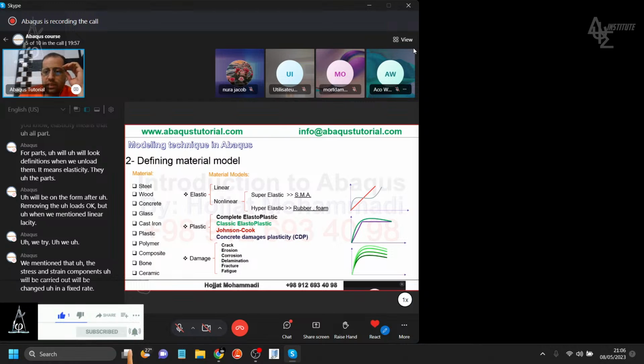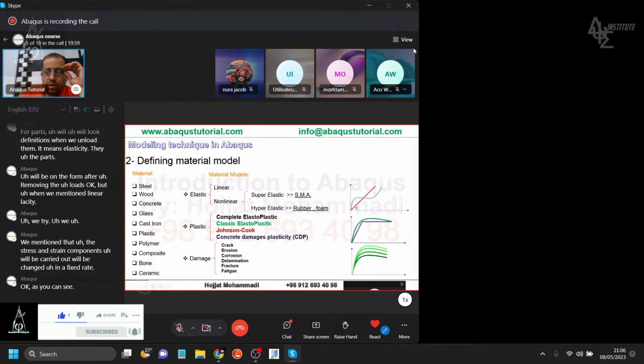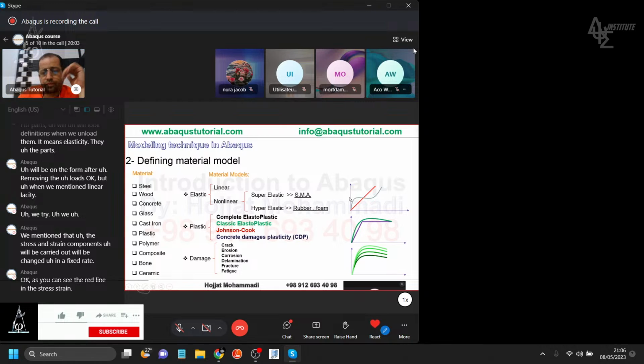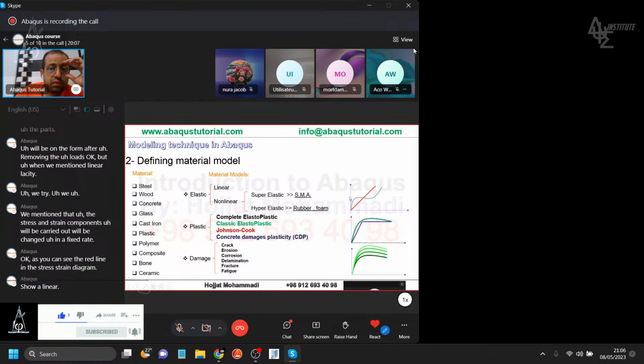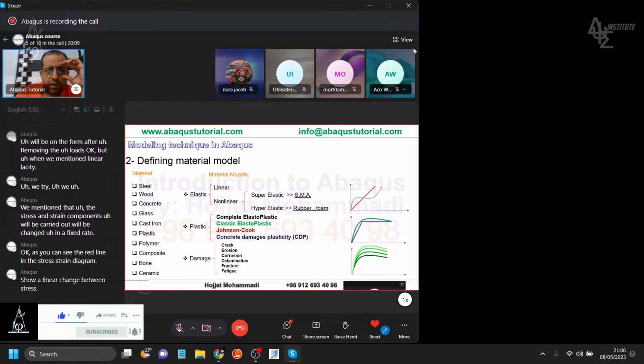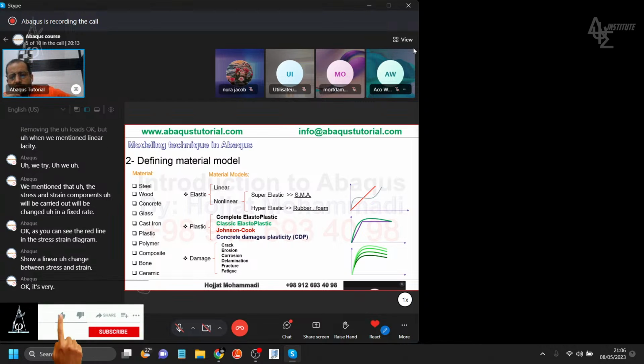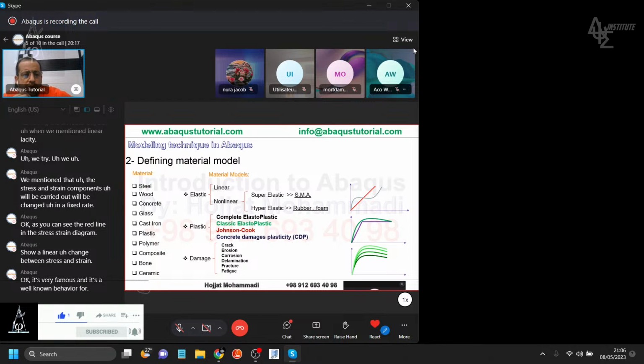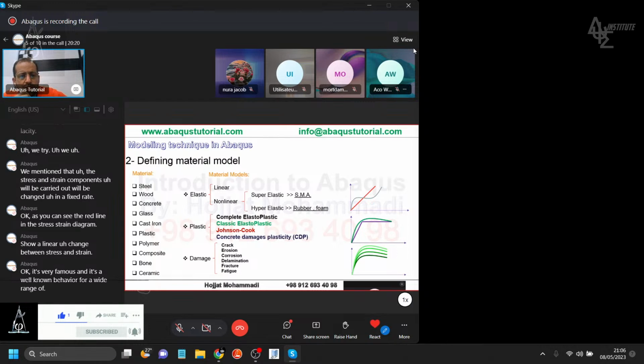As you can see, the red line in the stress-strain diagram shows a linear change between stress and strain. It's a well-known behavior for a wide range of material models.